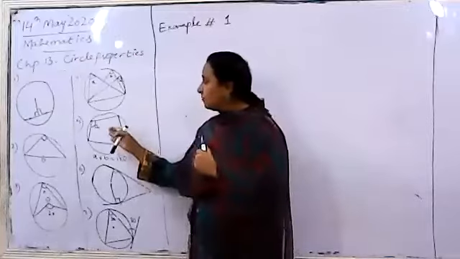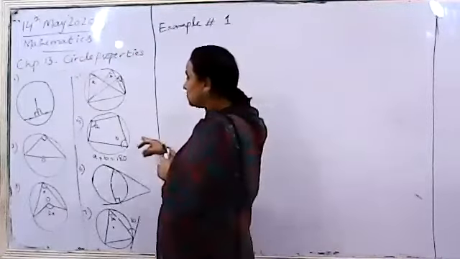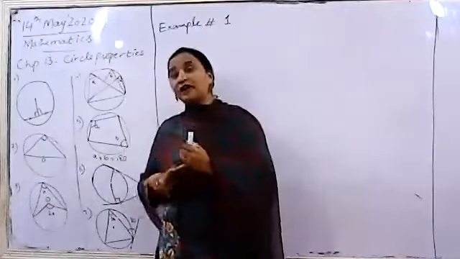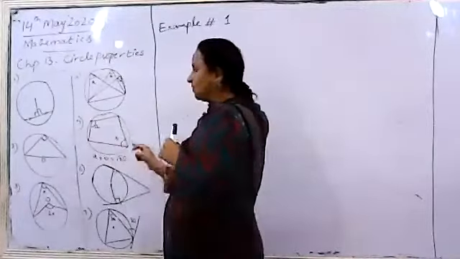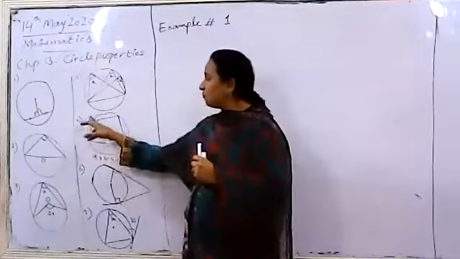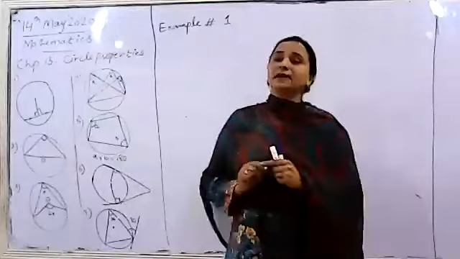Okay, now the 5th property is going to be the cyclic quadrilateral. In this property, first we have to be clear that there should be 4 points on the circumference of your circle. You will mark these 4 points on the circumference of the circle. When you mark 4 points on the circumference of a circle, you consider it a cyclic quadrilateral.